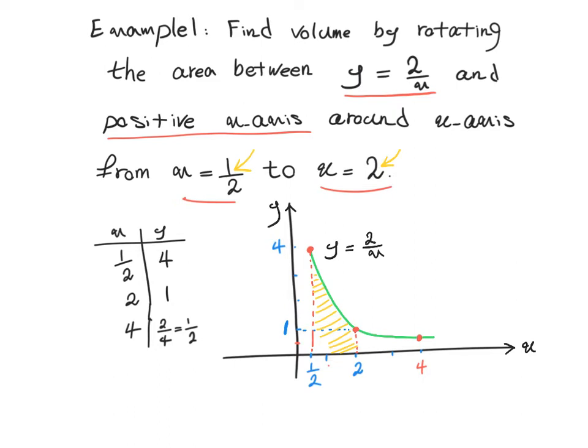So I'm rotating, and you are rotating around the x-axis. It's the first step that you should know where you are rotating and the graphing that you have. So what is the next step?